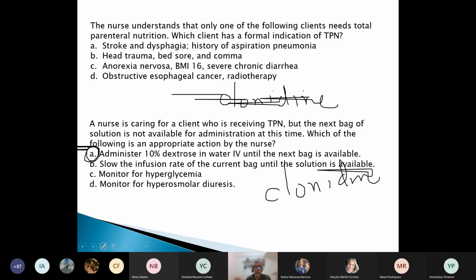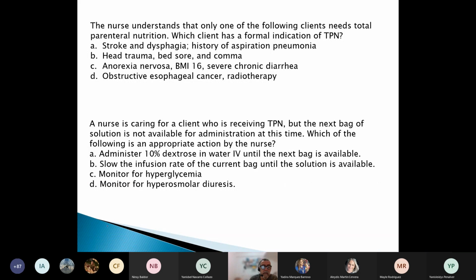There are other medications that should not be discontinued abruptly, but those have the most serious consequences. Glucocorticoids, beta blockers, clonidine, and TPN are the most frequently tested medications that should not be discontinued abruptly.